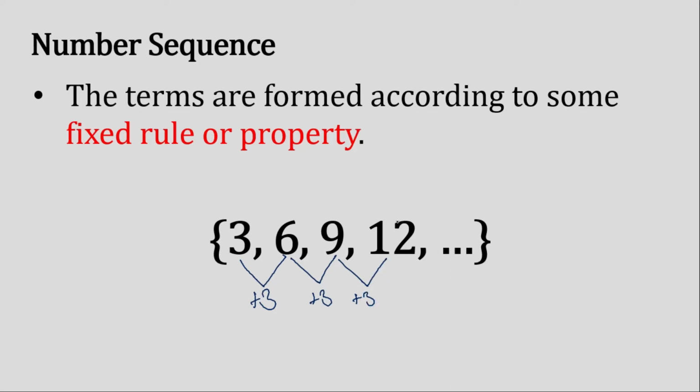So, the fixed rule and property of this sequence is that we add 3 to the previous term to get the next term. This is just one of the many properties of the terms.